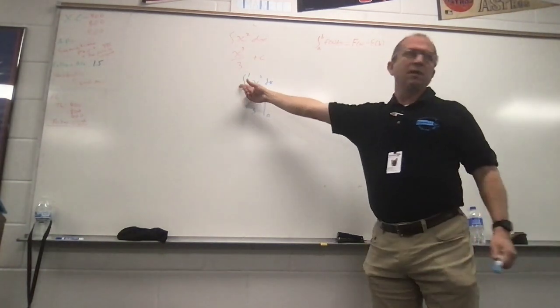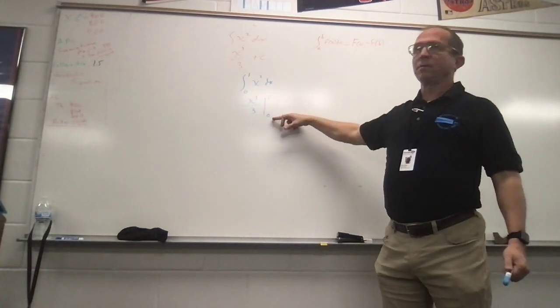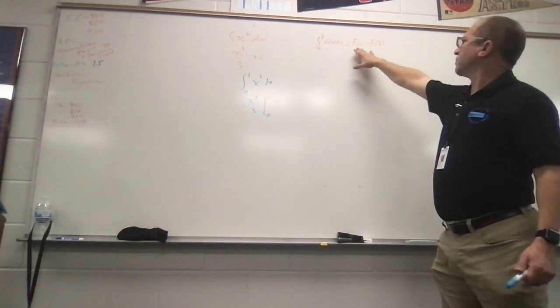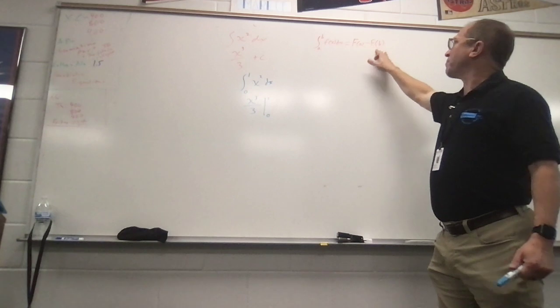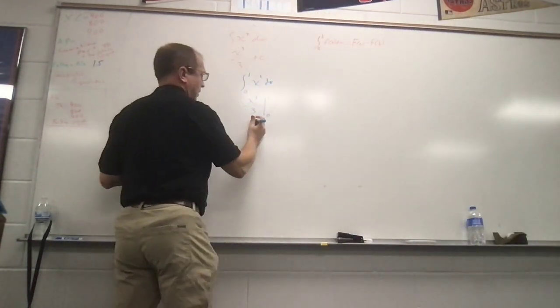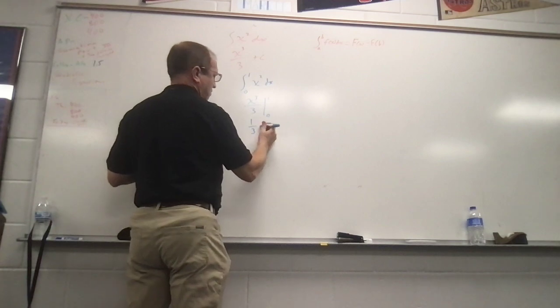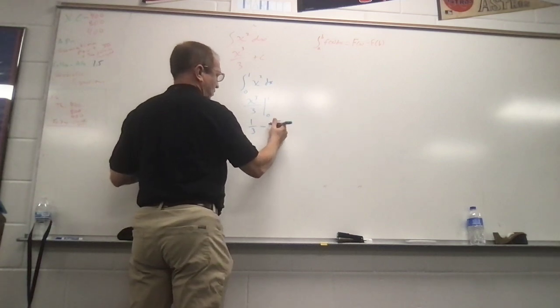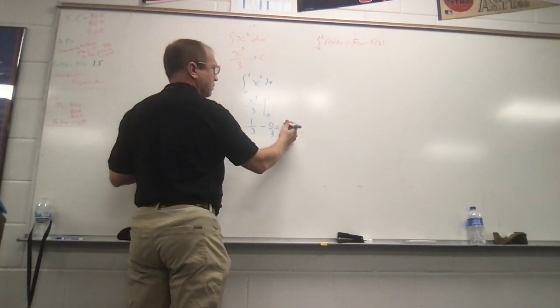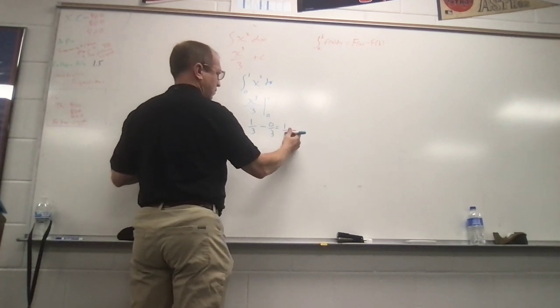We don't want this integral symbol in there anymore, but it's still from 0 to 1. Well, we said it was going to be the function's antiderivative at a minus the function's antiderivative at b. So this becomes 1/3 minus 0/3, right? Which is equivalent to 1/3.